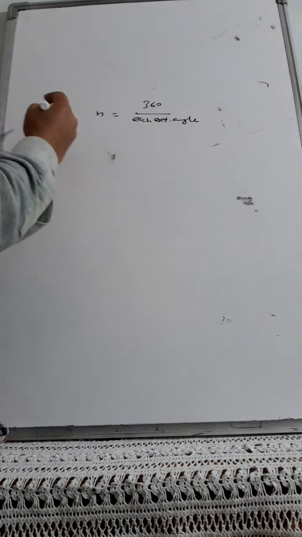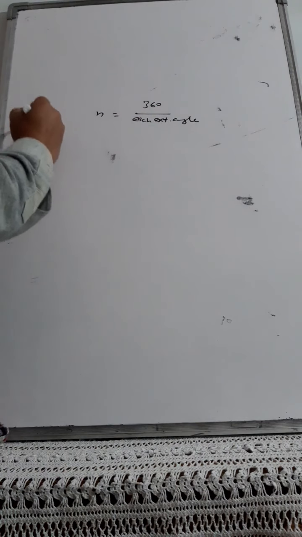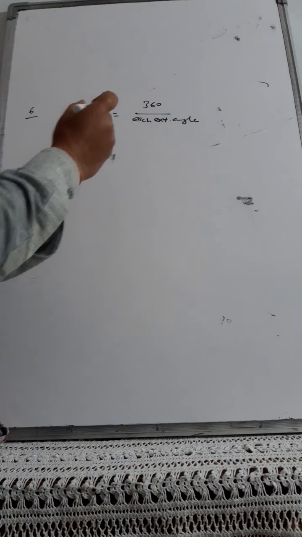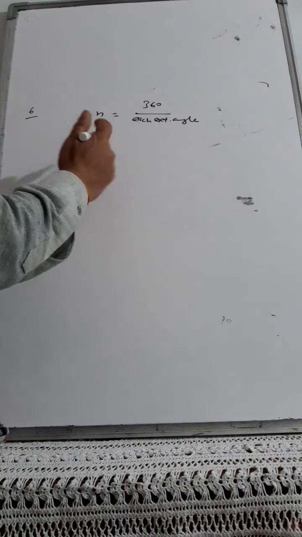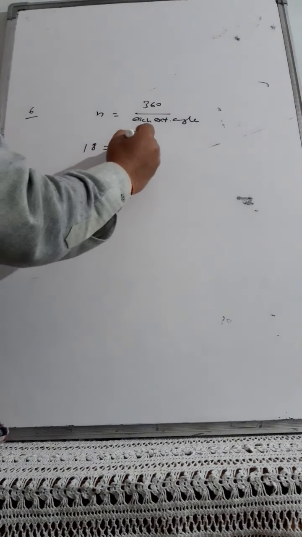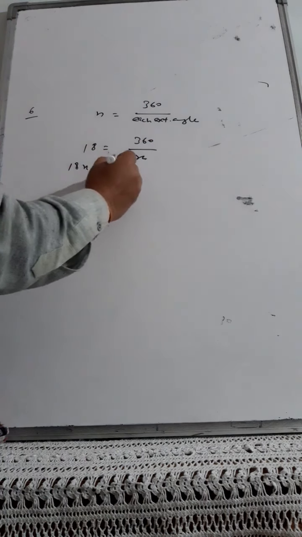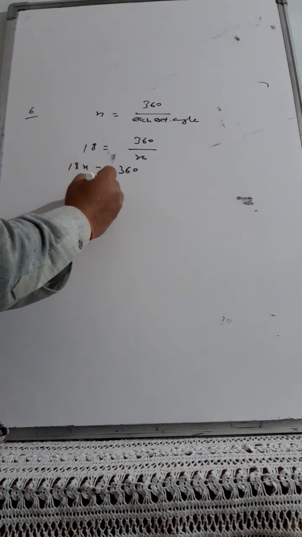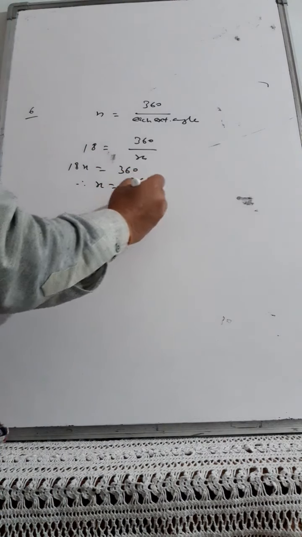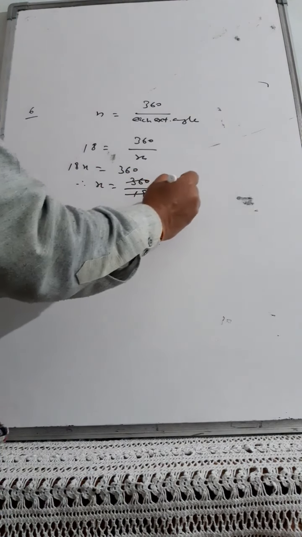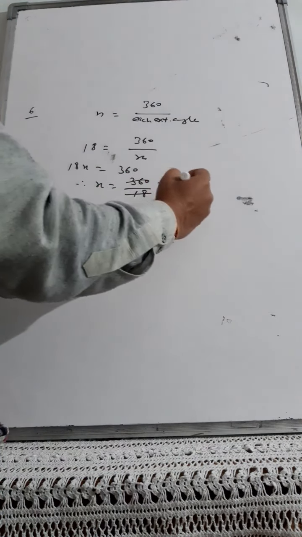Let the exterior angle be x. So 18x is equal to 360, therefore x is equal to 360 upon 18, which gives you 20. So 20 degrees.